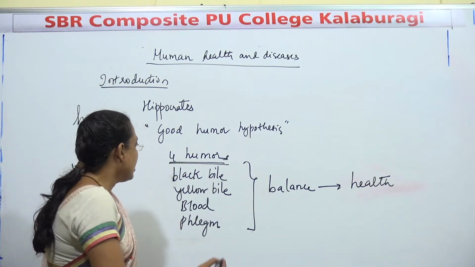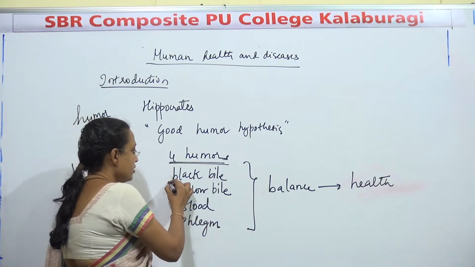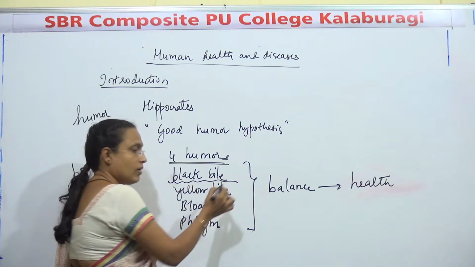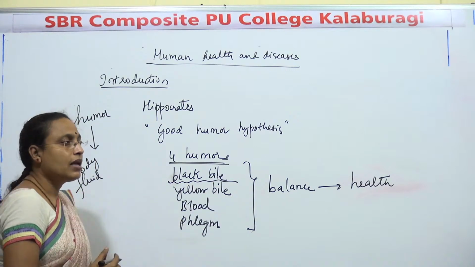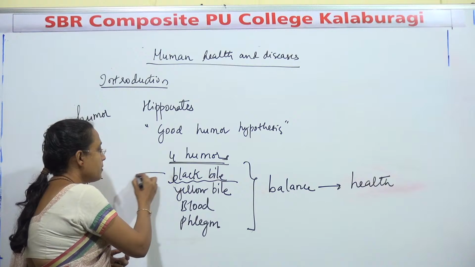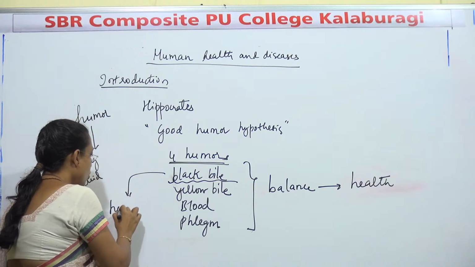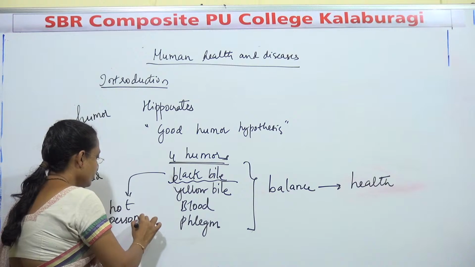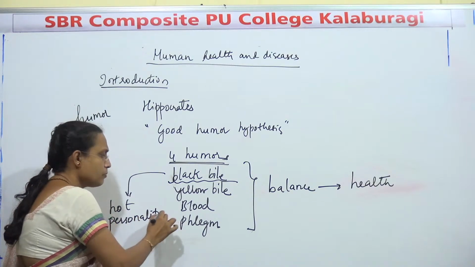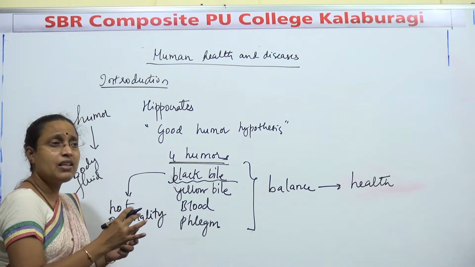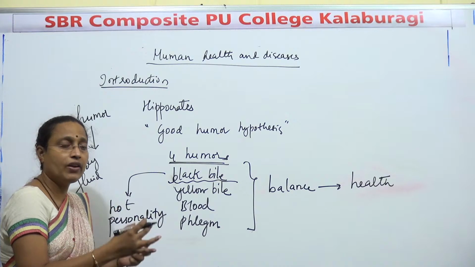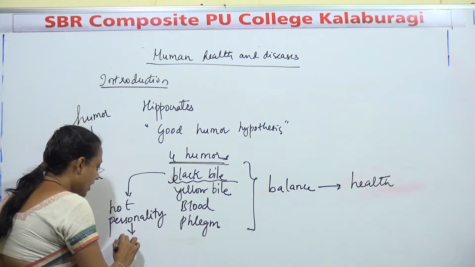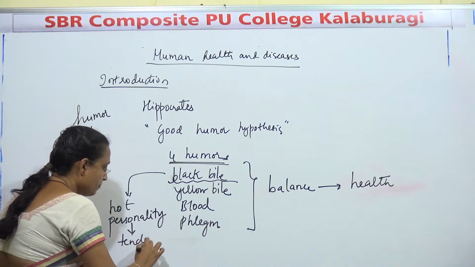Now he has given a special explanation on black bile. He said the person who has black bile has a hot personality. That means his body temperature can be high and he has a tendency to get fever.